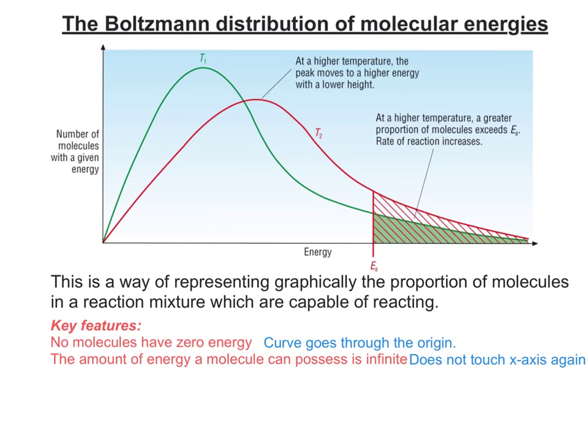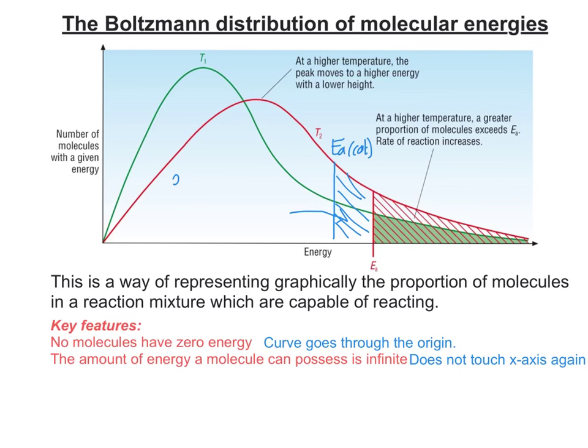If you were to introduce a catalyst, here's what you'd do. You'd move the activation energy to the left, signifying that it's actually a bit lower. And this would be EA catalyzed. And what would happen here is no matter what the temperature, you'd now have a greater number of particles that can now react.